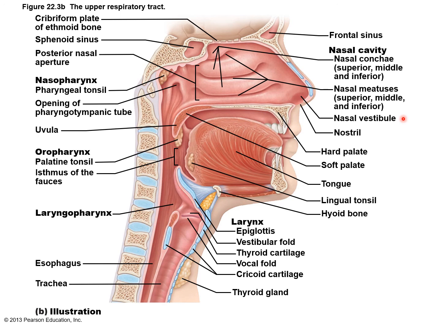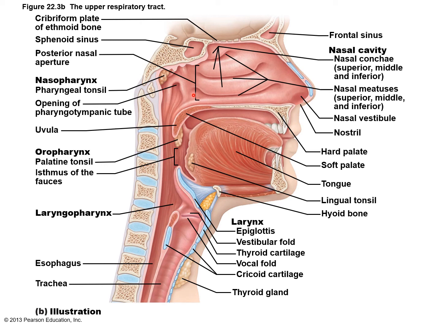Inside of that cavity, we have hair, known as vibrissae, and those hairs help filter the particles from any air we inhale. So it traps the particles. Either we can blow our nose and get rid of them, or we can actually swallow them.